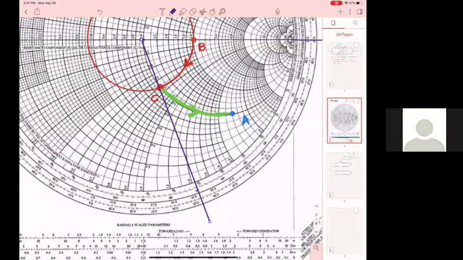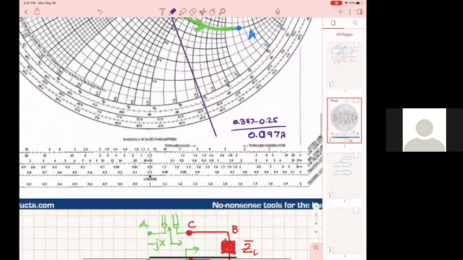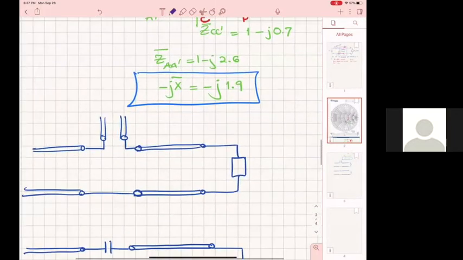From here it is 0.25 if I go to the outer, and this is 0.347. So it's 0.347 minus 0.25, and that is going to give me 0.094 lambda.